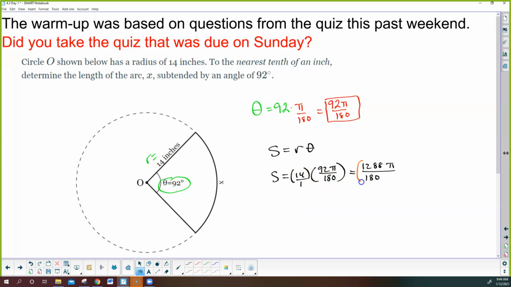Okay? And then in my calculator, I'm going to take this fraction and simplify it. I'm just going to take 1,288 divided by 180, turn it back into a fraction. Leave pi as part of my answer. And there you go. And then this would be inches because it's the length. I guess I could have called it x, but we've always used s.